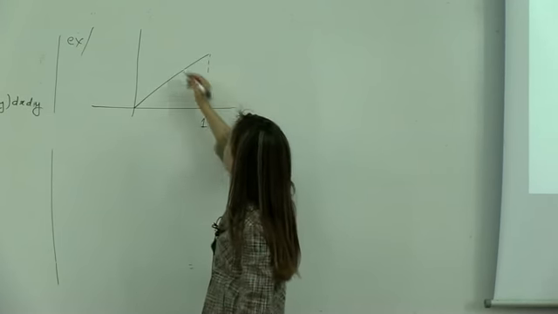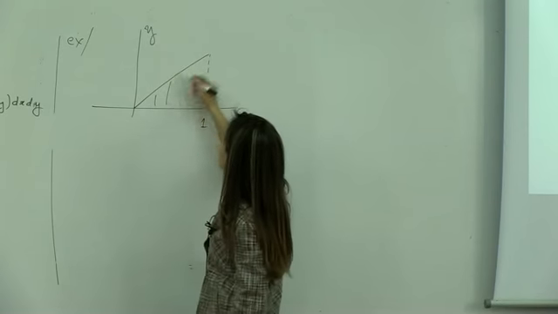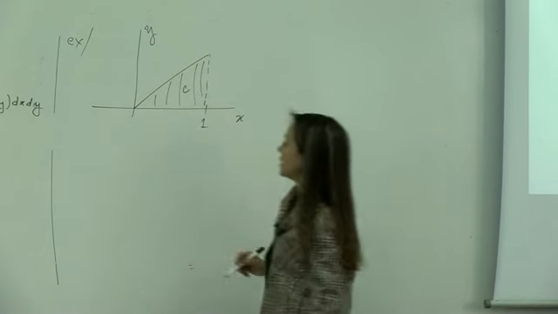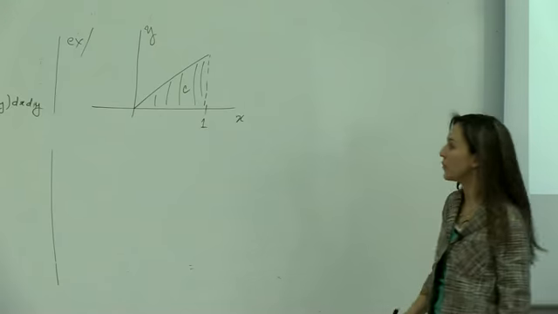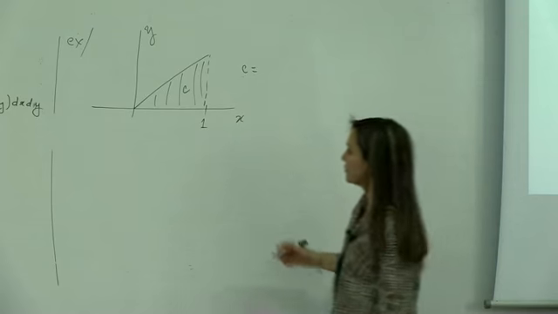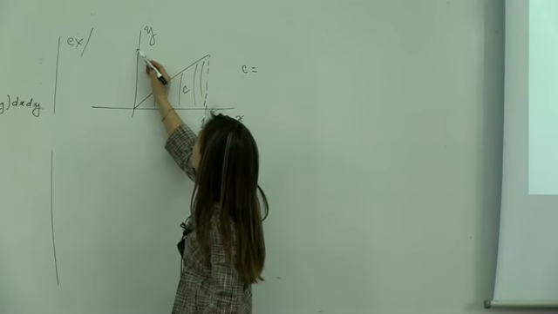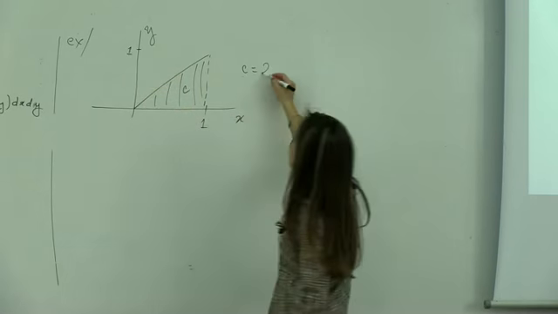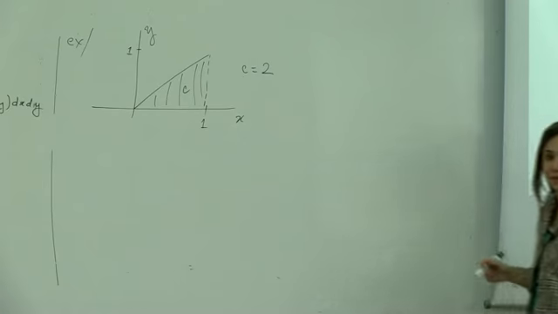So this must be the region. It's a constant in this region. The value of c must be 1 over the area. What is the area? Area is 1/2, so c must be 2. Right?